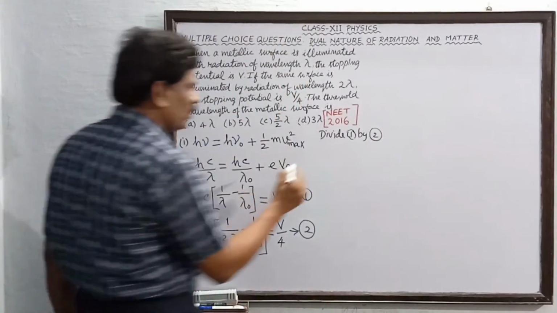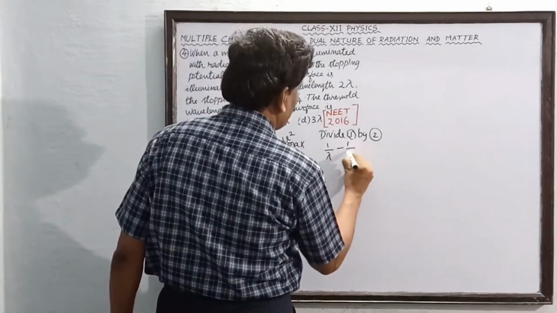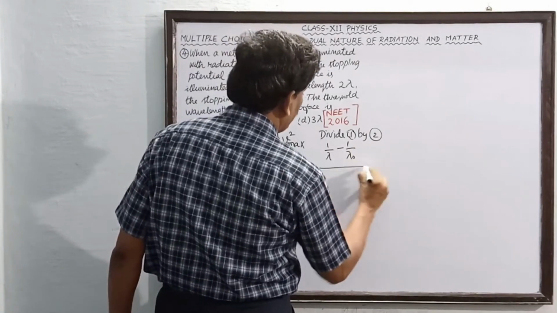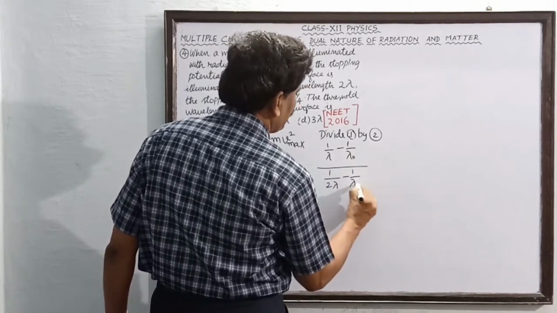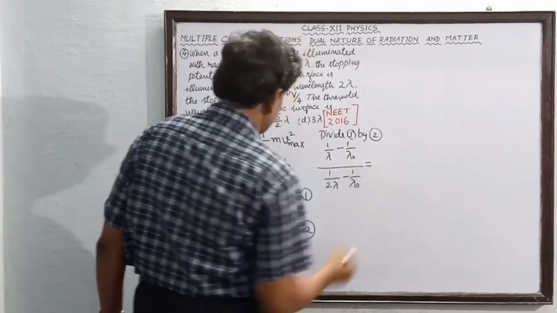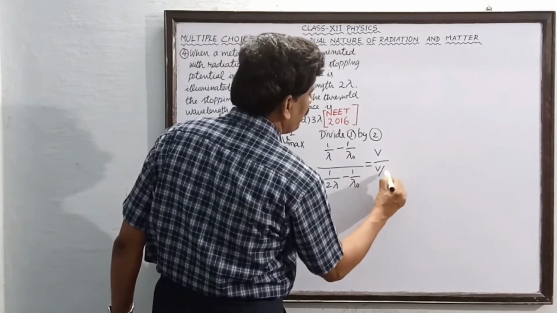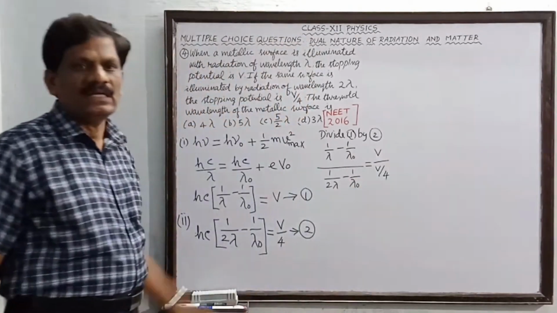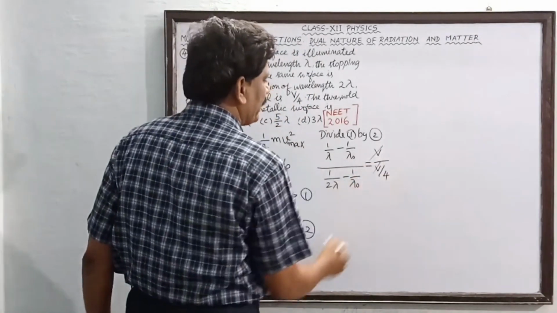So this is 1 by lambda minus 1 by lambda naught, whole divided by 1 by 2 lambda minus 1 by lambda naught. Right hand side is V divided by V by 4. So V also will get cancelled on the right hand side.